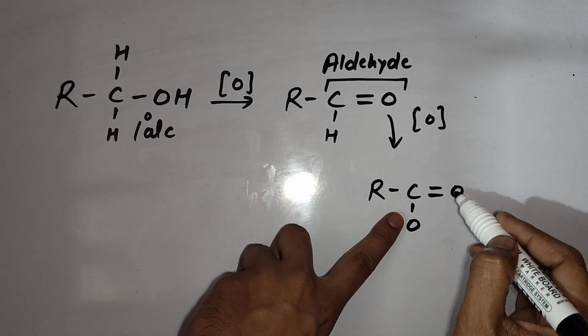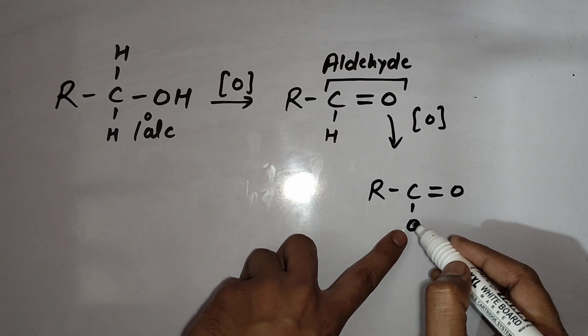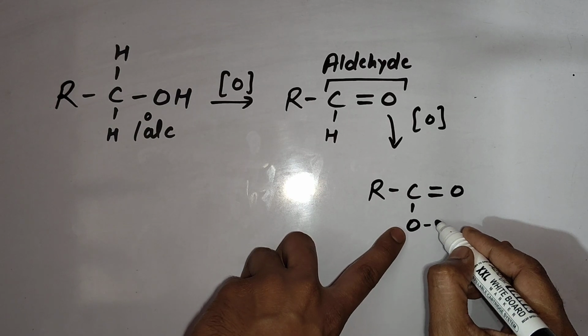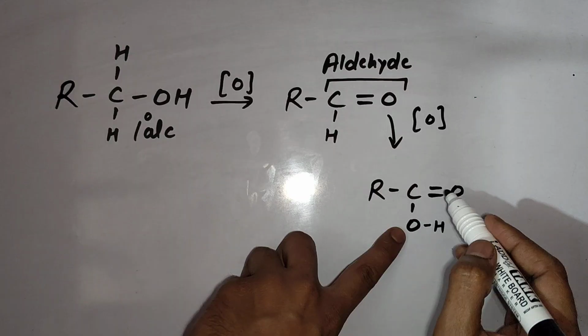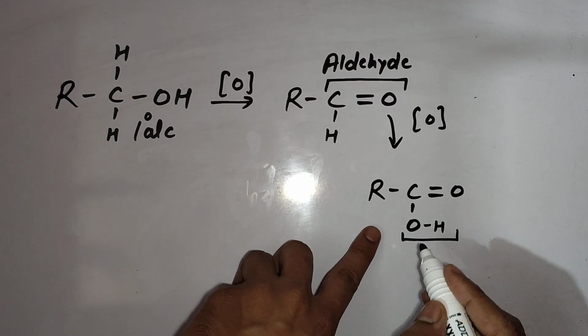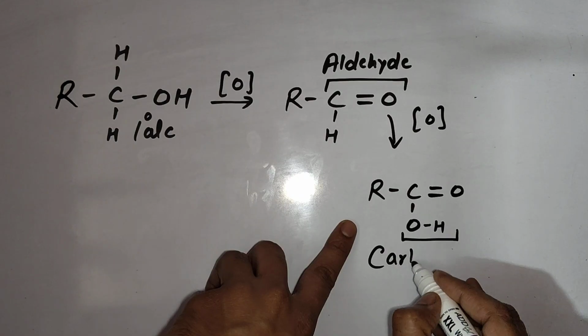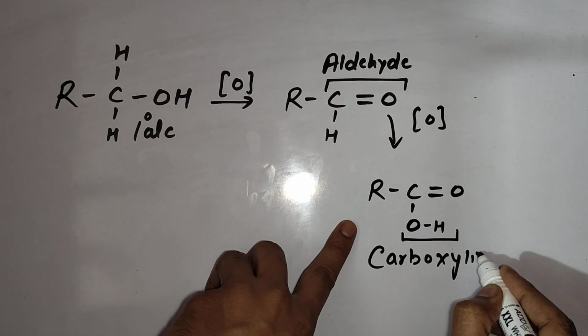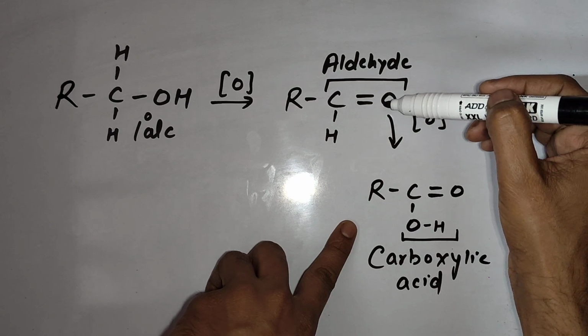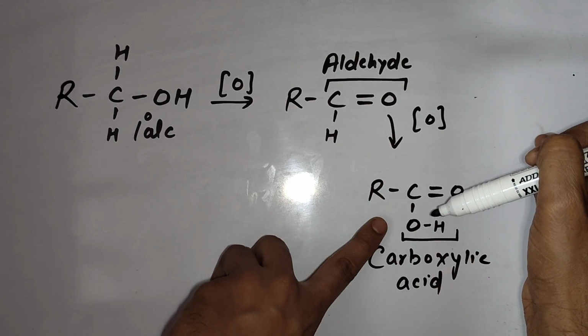This oxygen is satisfied, 2 valencies. But this oxygen is making a single bond. So its second valency will be satisfied by hydrogen. Now, if you check it, you will find it's another functional group which is generated over there, that is carboxylic acid. Means if you oxidize aldehyde, we will get carboxylic acid.